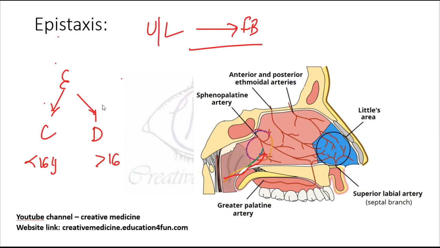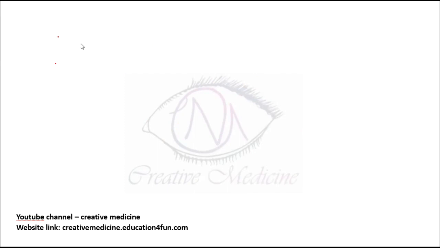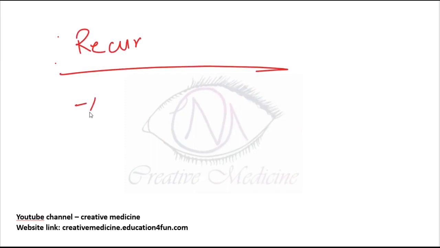Then there are recurrent causes of epistaxis in children. In the recurrent causes, first we have allergic rhinitis. Obviously, if the child has allergy, then there is increased chance of recurrent epistaxis. Or if there is any foreign body retained in the nose, that causes recurrent epistaxis.